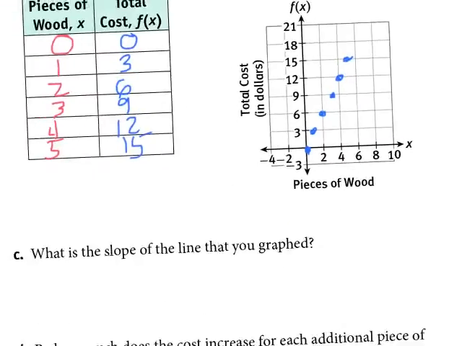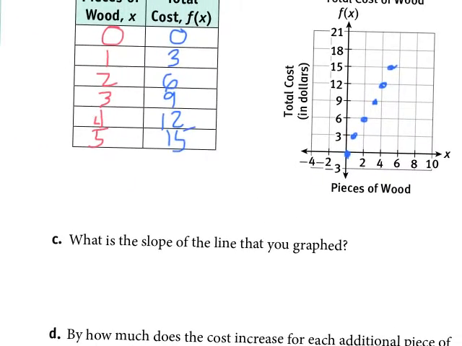So let's go to C. It says, what's the slope of the line that you graphed? I would pick 2 points and do it similar to how we did the try these problems on the other page. I would pick any of the 2 ordered pairs. I'll just pick (1, 3) and (3, 9). Okay.